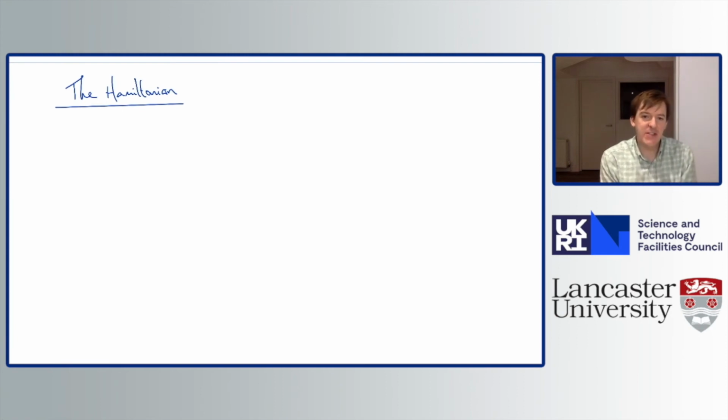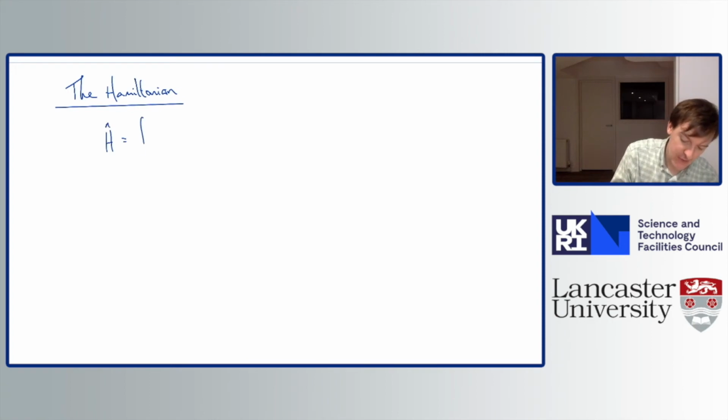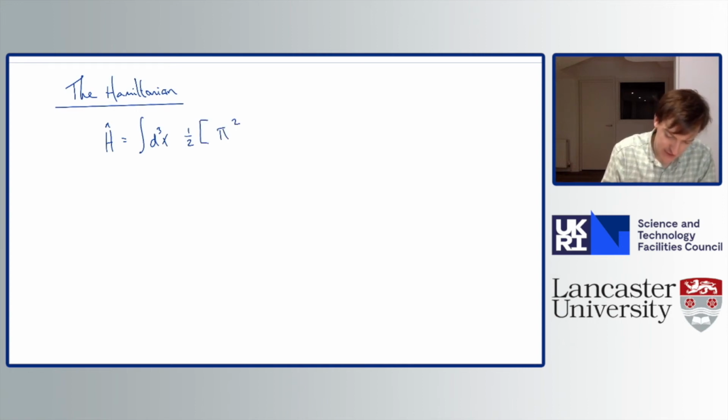Okay, so next we want to look at a very important quantity, the Hamiltonian. We would like to express the Hamiltonian in terms of these raising and lowering operators. Just to remind you, so far the Hamiltonian that we have, let me write down the full Hamiltonian. I'm going to include this d3x term, and not just the Hamiltonian density. But so far we have worked out that this is pi squared plus the gradient of phi squared plus m squared phi squared.